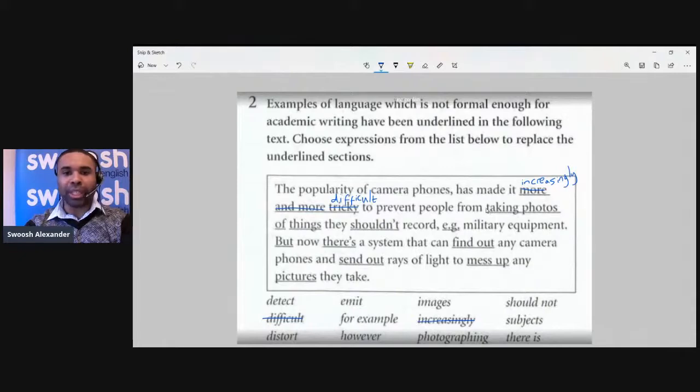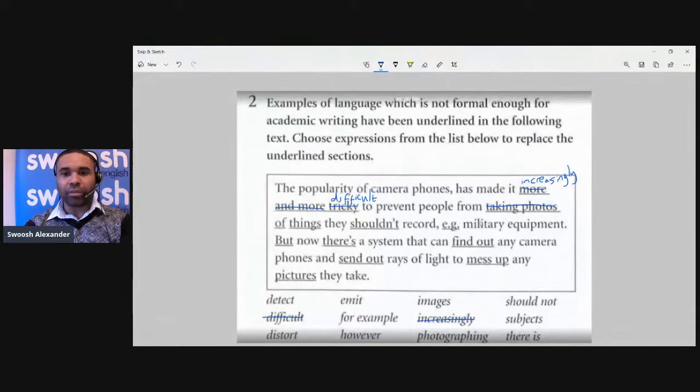So to prevent people from taking photos of things, well, instead of taking photos, we can use the verb photographing. So we can use that here. Okay, make this bigger again.